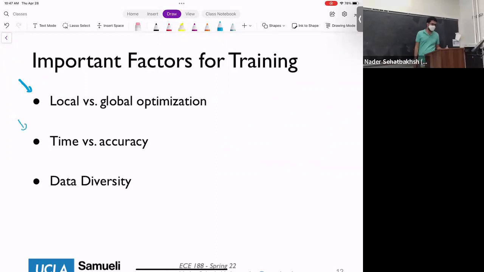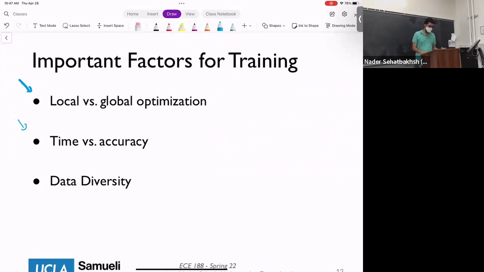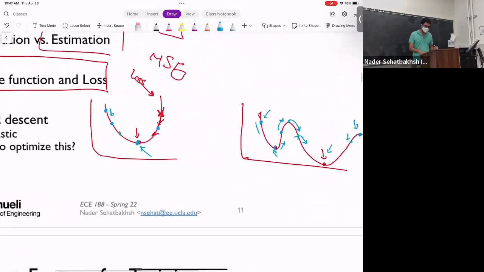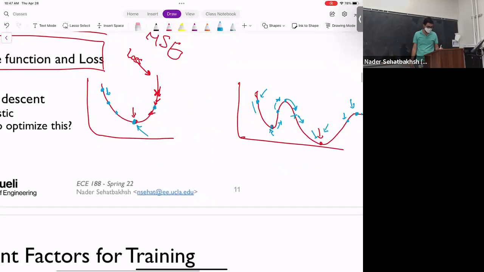Another thing for training is that you don't have infinite time for your training, right? Because training takes time, takes energy, takes money probably. So yes, ideally you want to repeat this process until you find this point, but maybe this is such a large space that even if you pick some random location, you always pick your locations here, right?